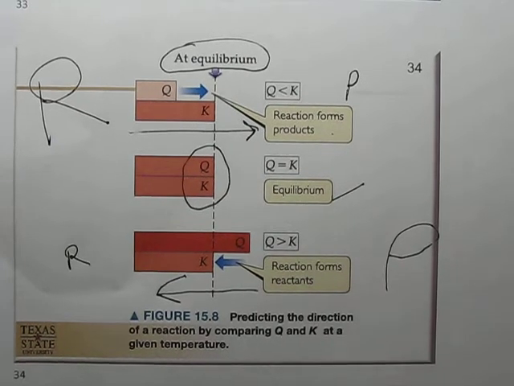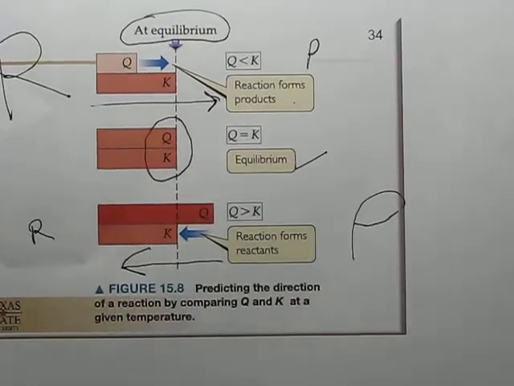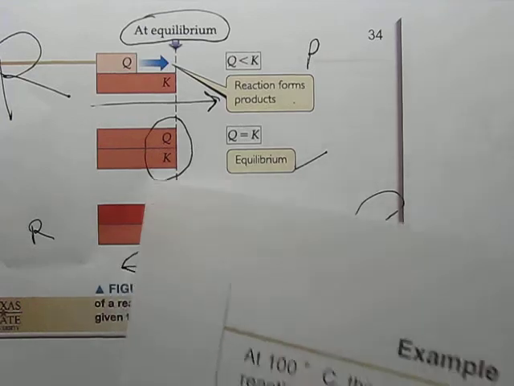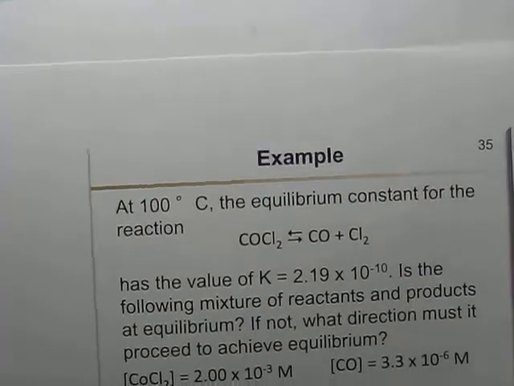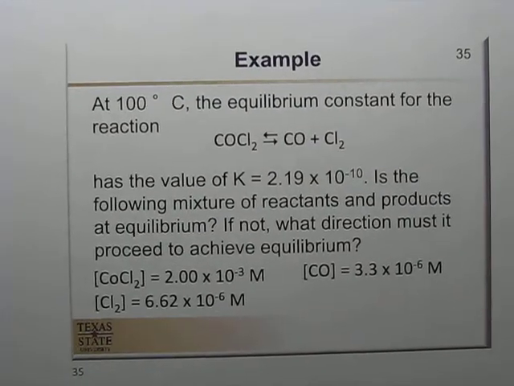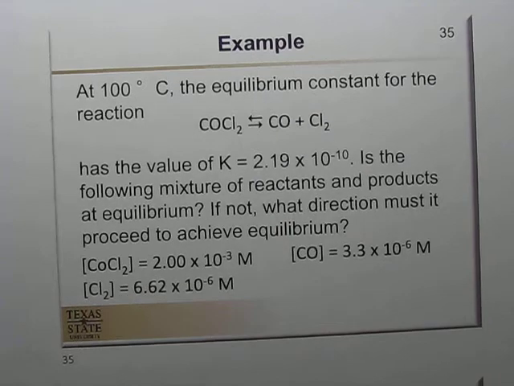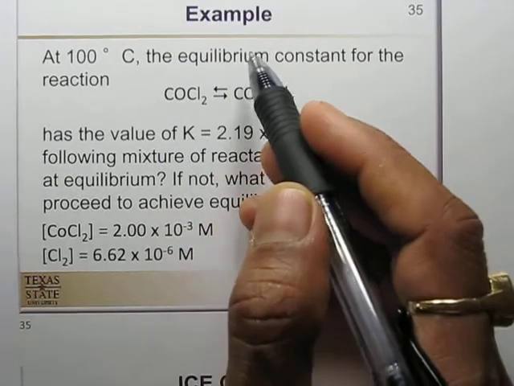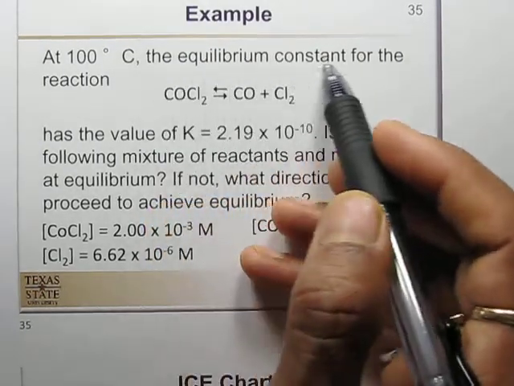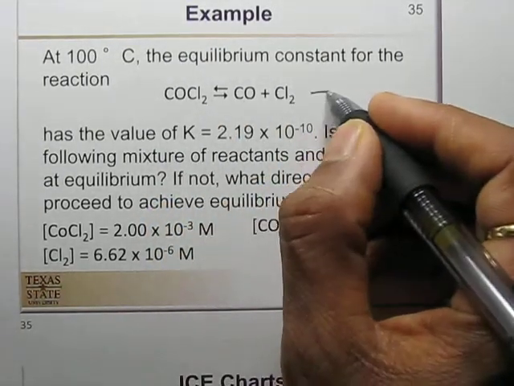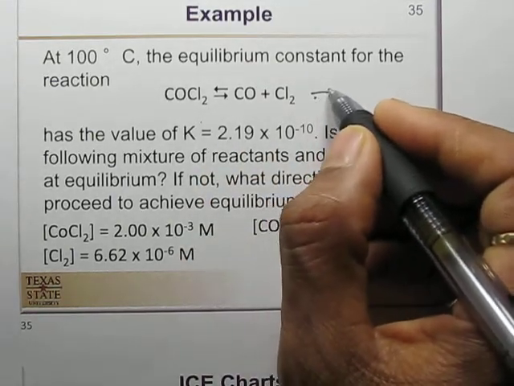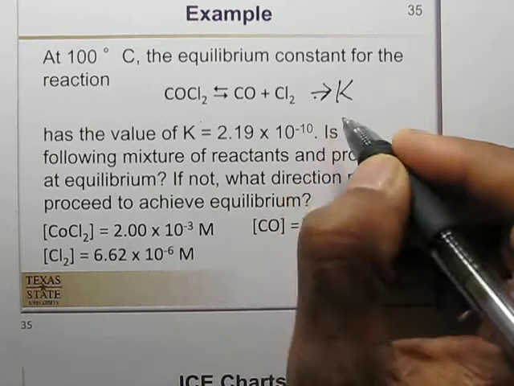Now we will use one example to understand how we can calculate and compare these two. For example, if this reaction is at 100 degrees Celsius, the equilibrium constant K is given for this reaction.